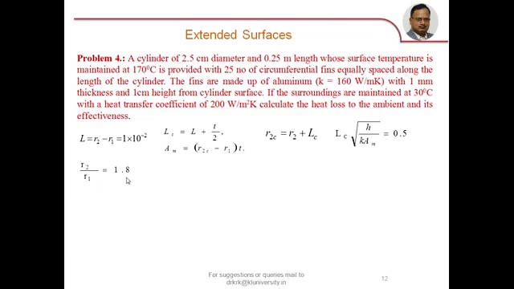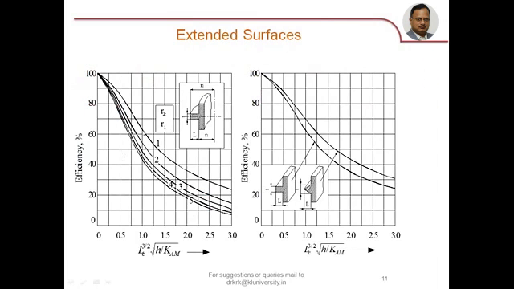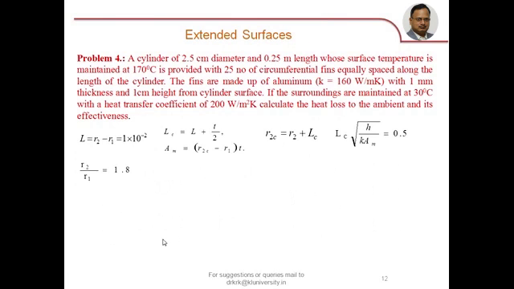Now R2 by R1 is 1.8. Now from this graph, for such readings, you can obtain the efficiency of the fin. Once you know R2 by R1 and the parameter Lc^(3/2) root h by kAm, you will get the efficiency of the fin as 0.83.